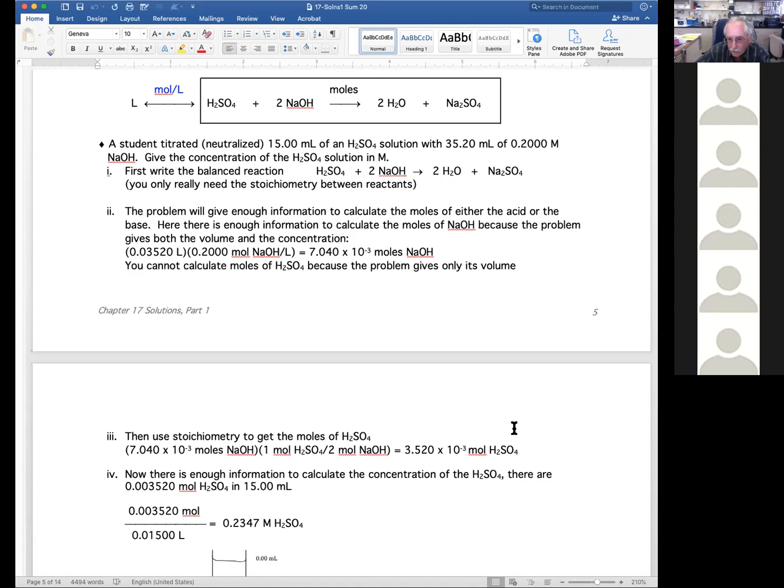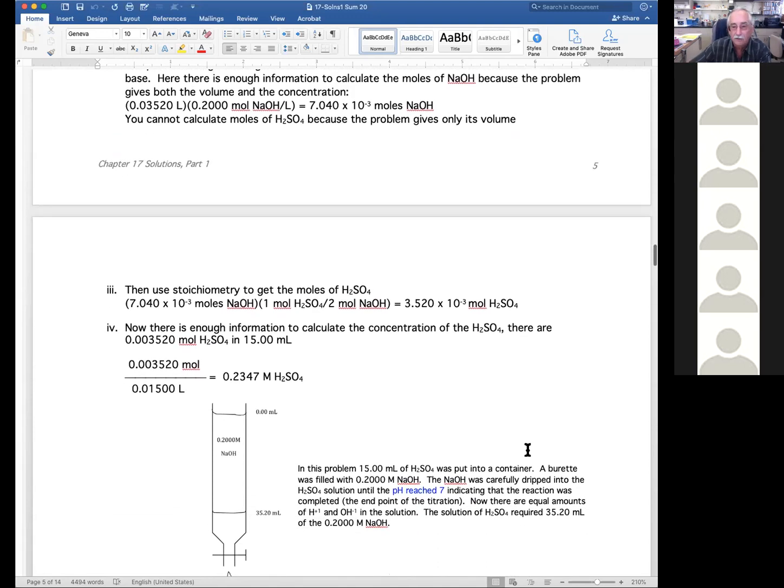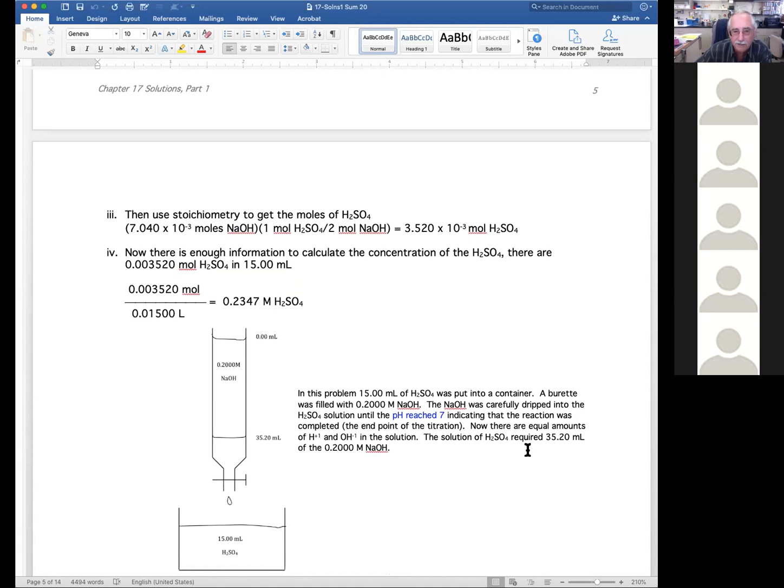So now I got the moles of the acid. But there's enough information now to calculate the concentration, because I have the volume. I got this many moles of acid that was in 15 milliliters of solution. So here's the moles, here's the liters, there's the moles per liter.